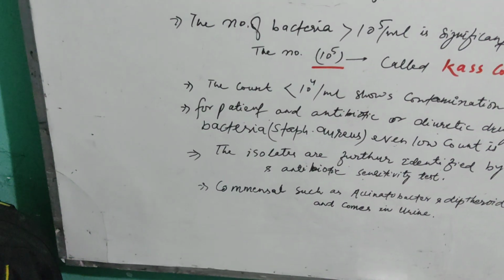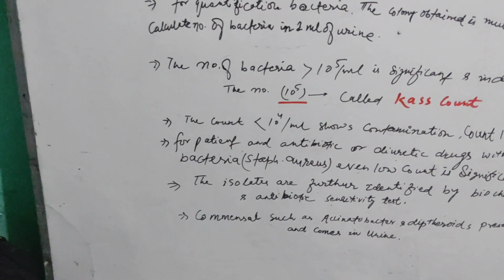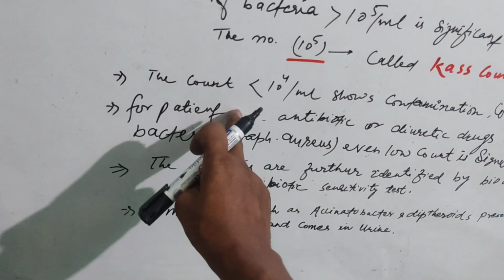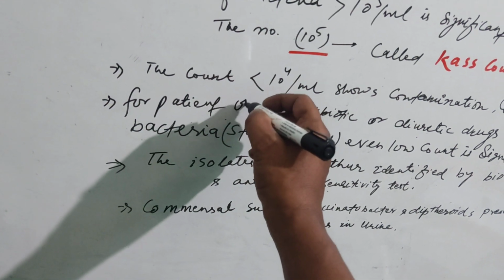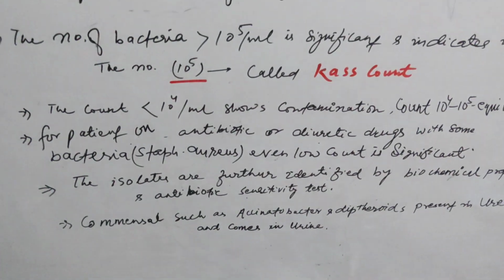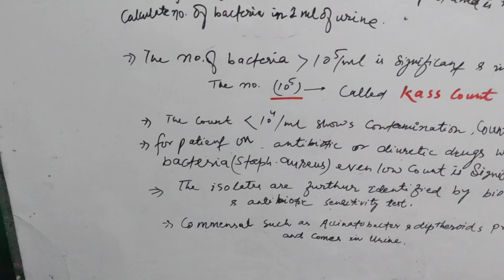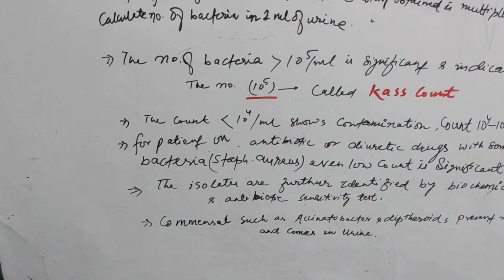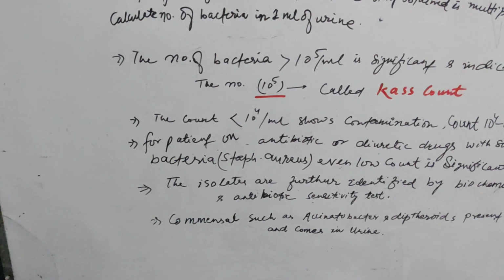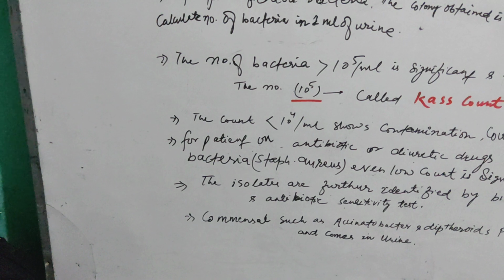For the patient on antibiotics or diuretic drugs, if the patient is taking antibiotics or using diuretic drugs, then in such a condition with some bacteria like Staph aureus, even the low count is significant.